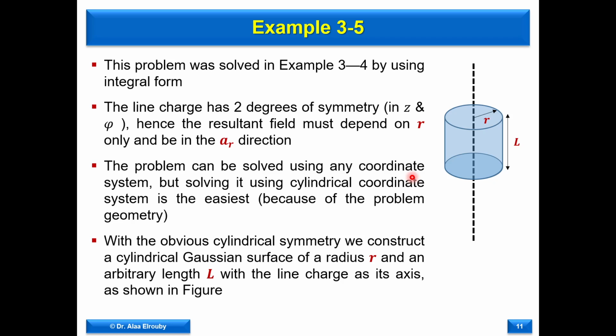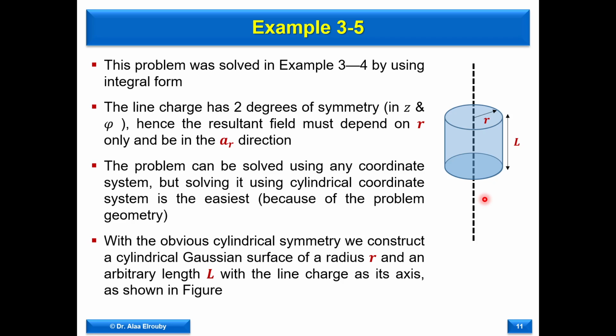Now we need to think about how to choose the Gauss's surface. For a line charge, you can think of this line as a very tiny cylinder, so the cylindrical coordinate system is the first choice to consider. So we choose the Gauss's surface to be a cylinder with its center along the z-axis, with this shape.